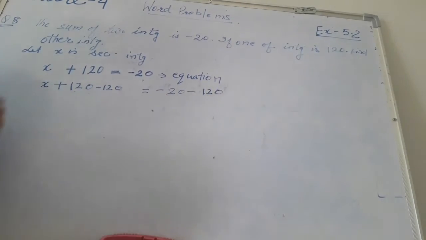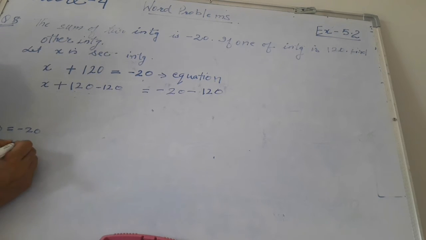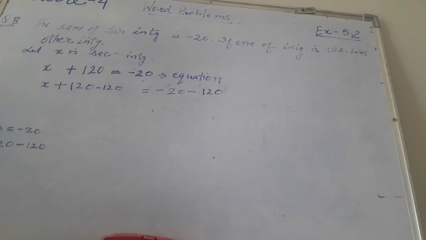Okay? Or in short, if you are having this expression minus 20, then this plus will become minus: the positive sign changes to the negative sign when it goes to the other side. Okay, if it is having a negative sign, then it becomes plus. If it is having plus, then it becomes minus. Got it, students? Now what will you be left with?